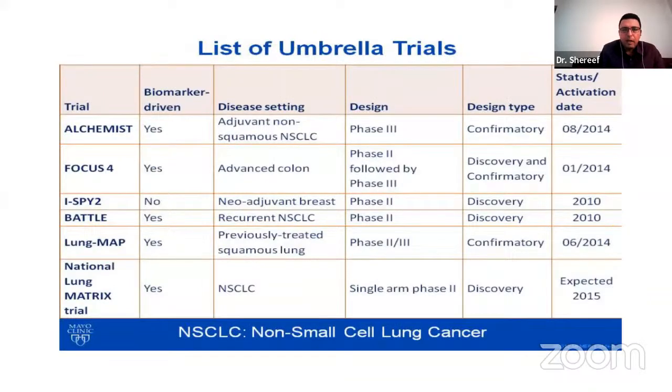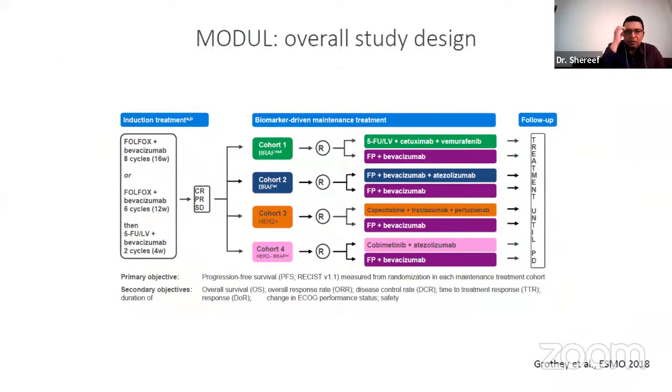And this is a growing list of umbrella trials in different tumor types like lung cancer, colorectal cancer, breast cancer, and others. I will highlight one simple example of an umbrella trial in colorectal cancer. In this trial, patients received induction chemotherapy with FOLFOX plus Beva without disease progression after the course of induction therapy, and those patients were allocated into different treatment arms based on the biomarker available.